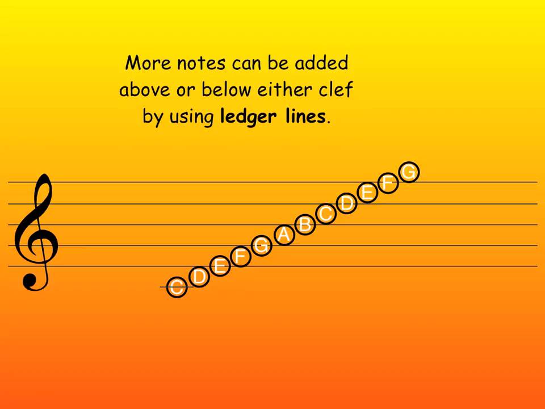More notes can be added above or below either clef by using ledger lines. So look on the far right at the top, here's a ledger line being added, and the B just above it. That's a space note. Now ABC should be a line note, so we add a line, another line, and put C as a line note there.